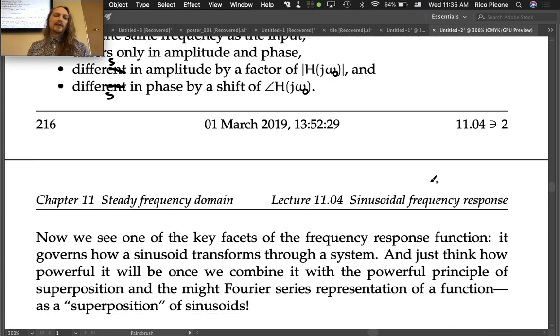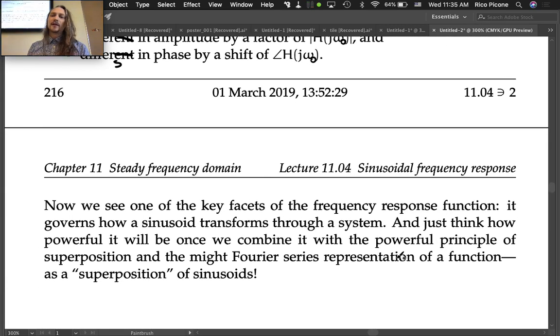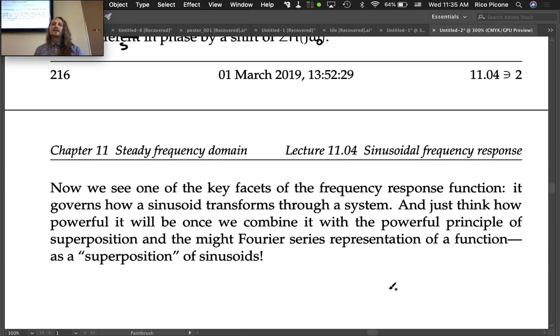So, one of the key facets of the frequency response function is that it governs how a sinusoid transforms through a system. If you're looking for what governs how this output sinusoid relates to the input sinusoid, it's the frequency response function. And that's the real power of it. In many ways, that's the most important aspect of it.